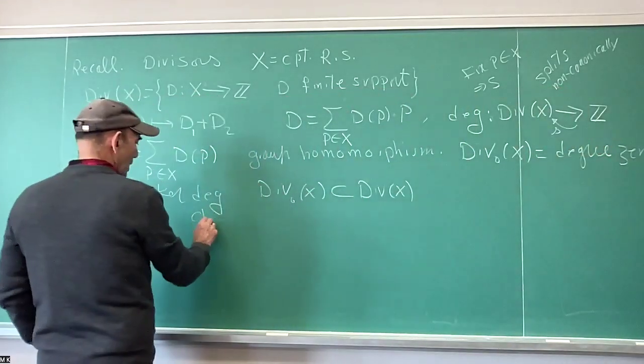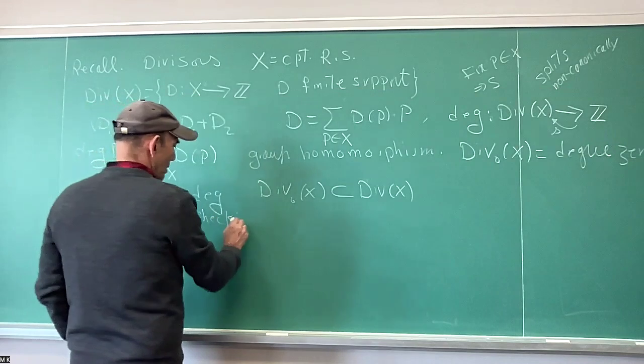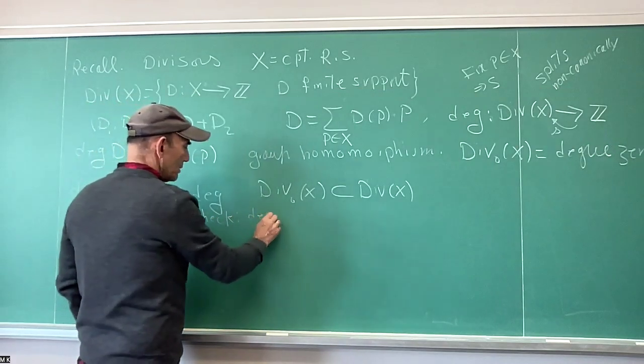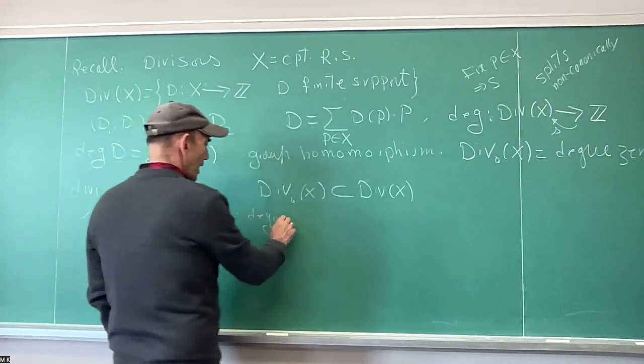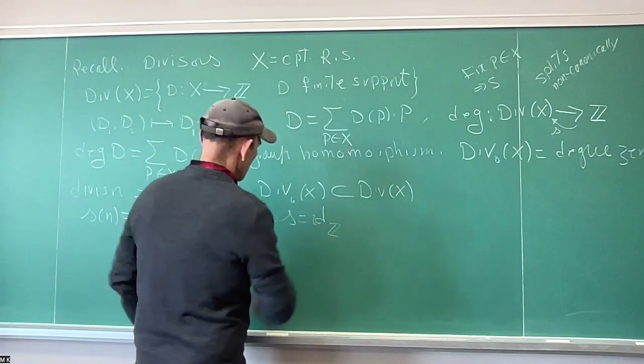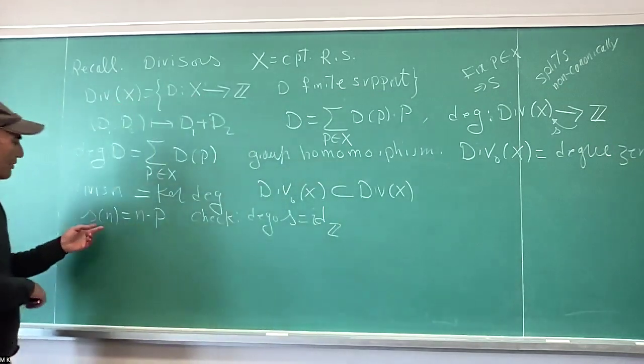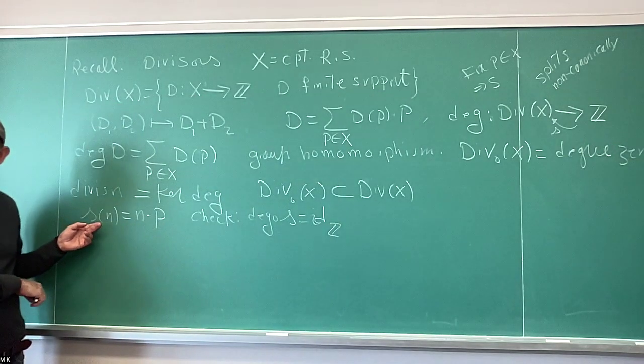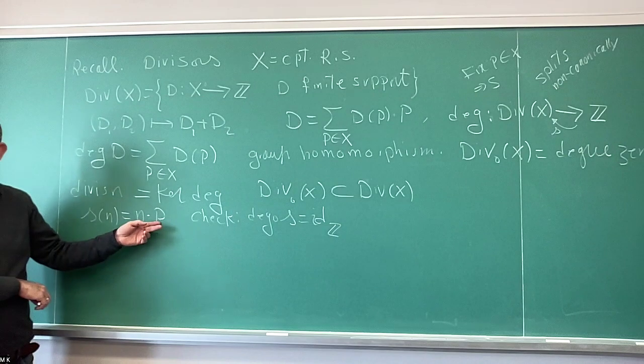You just check that degree composed with S is equal to the identity of Z, because if you take the degree of such a divisor, you're going to get n again.